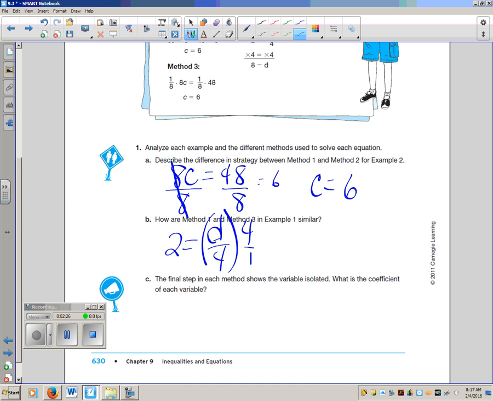If I multiply the right side by 4, I have to multiply the left side by 4. The 4 over 4 will cross out. Eventually you'll just get to the point where you can just cross those out. Then all that's left on the left side is 4 times 2. So d equals 8. You'll be solving one-step equations using multiplication and division this section.